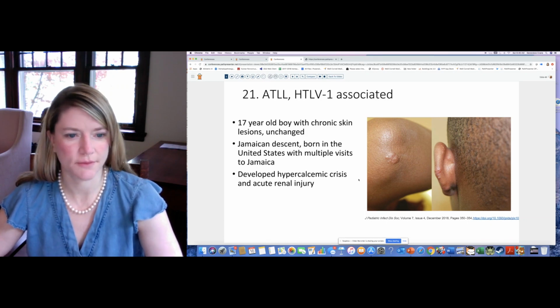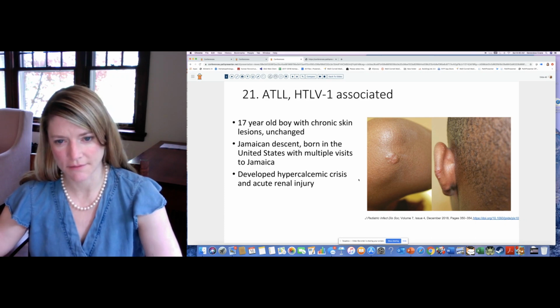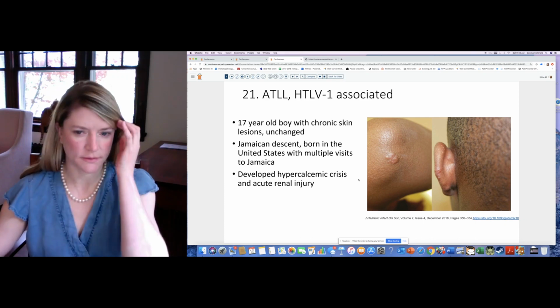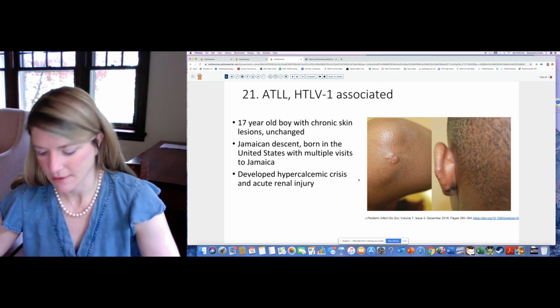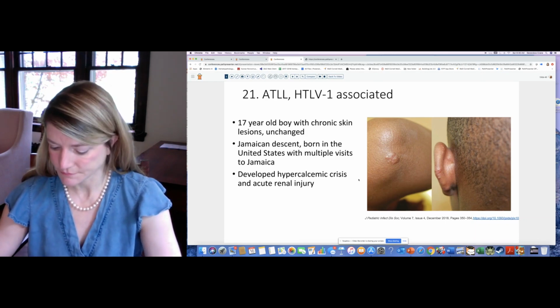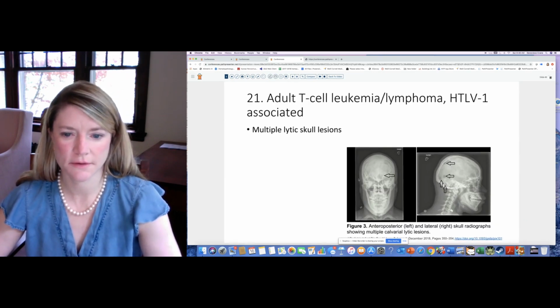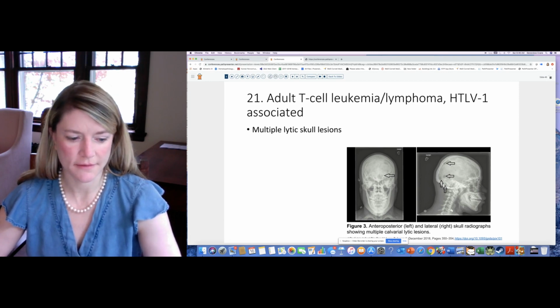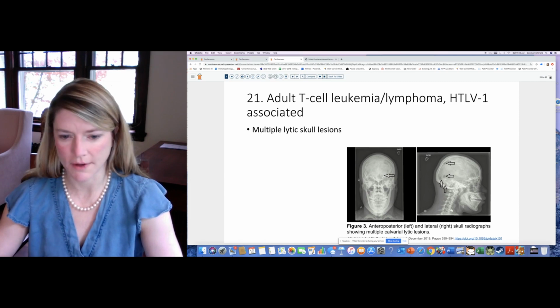He presented with a hypercalcemic crisis and acute renal injury, and also had long-standing atypical lesions on his skin, which had previously been evaluated and found to contain some atypical lymphoid cells. On scan, he was found to have multiple lytic skull lesions. It is one of these lesions that was assayed that we showed in the initial whole slide image.